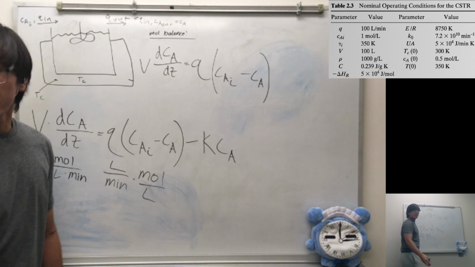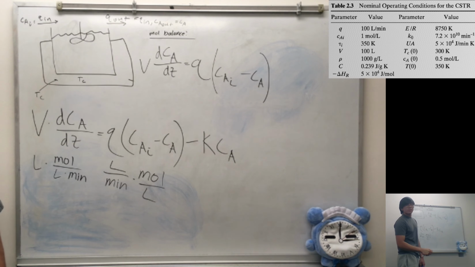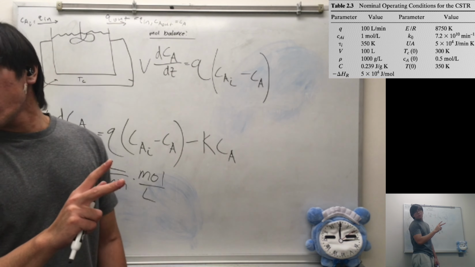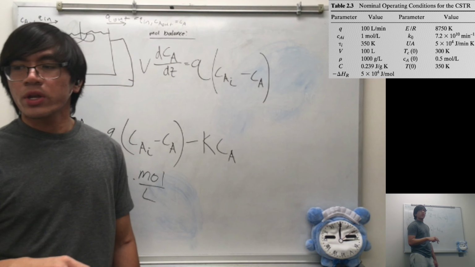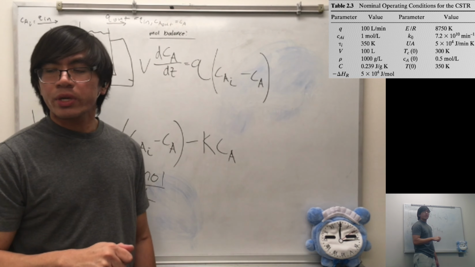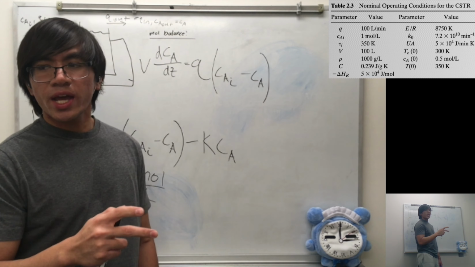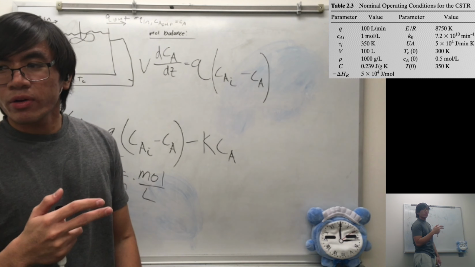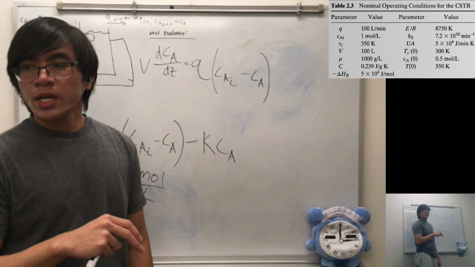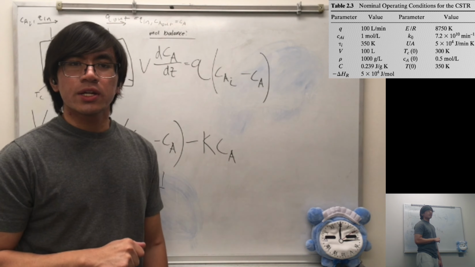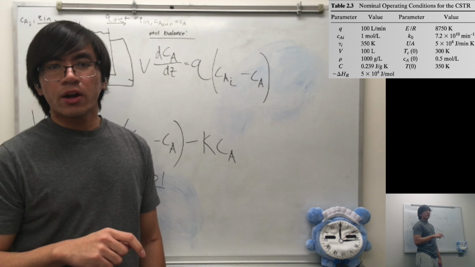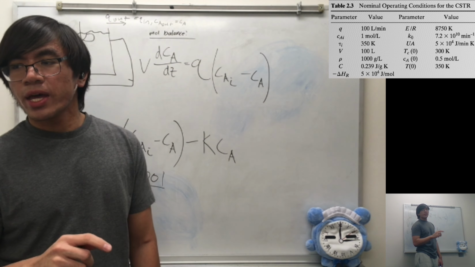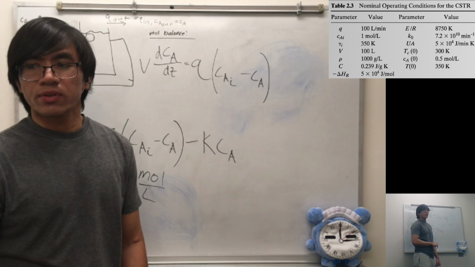The units for K, I believe they're given in the problem, or I think that's a frequency factor. Again, I'll go into more of this on the iPad with the OneNote, but with Arrhenius law, we can break down our units for K. Remember, this is a first order reaction. How can I tell? If we break down the units, you'll see that in a first order reaction, the units for K are 1 over time, and that is the same unit as its frequency factor.